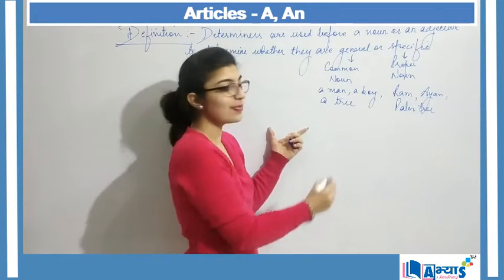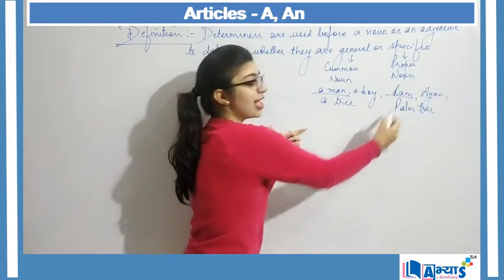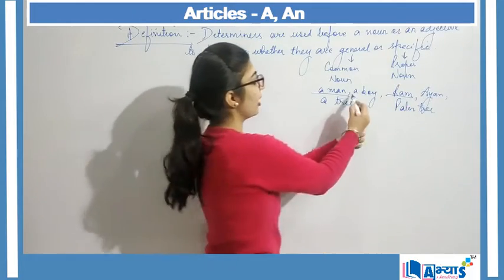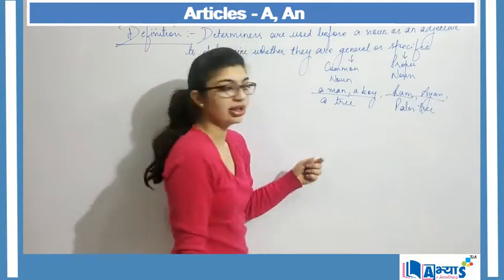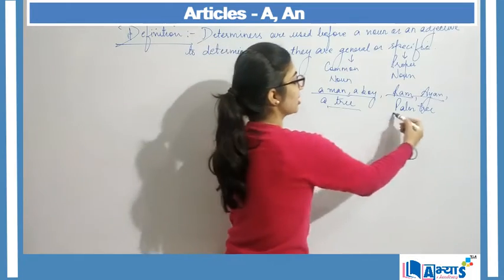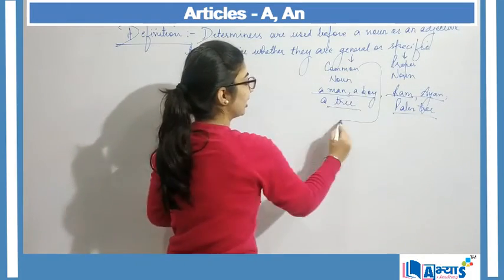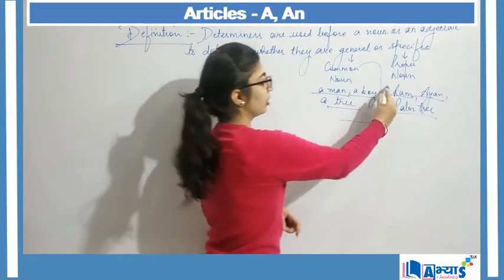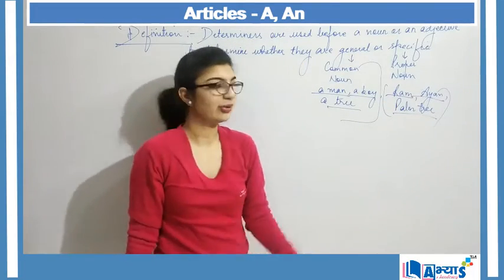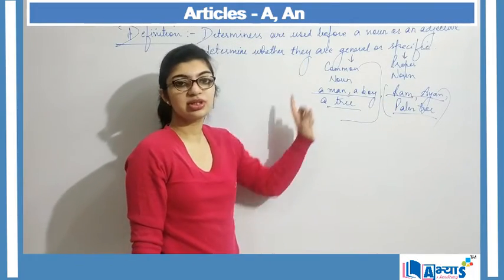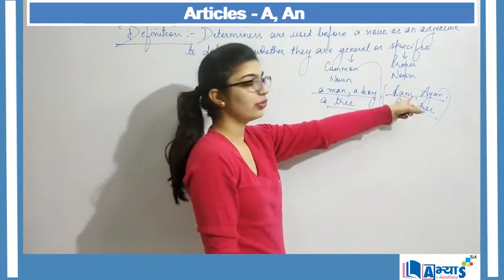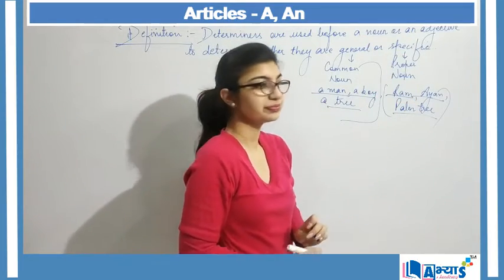Now I am specifying a particular man as Ram, a particular boy as Ayan, and a tree as palm tree. Now all these are common nouns, but all these are the proper noun. So for common noun we use the term general, for proper noun we use the term specific.